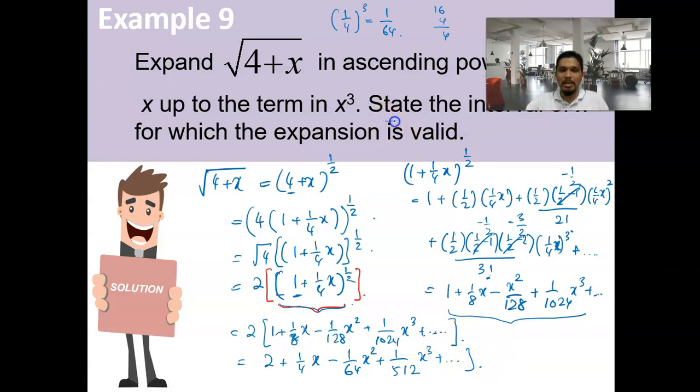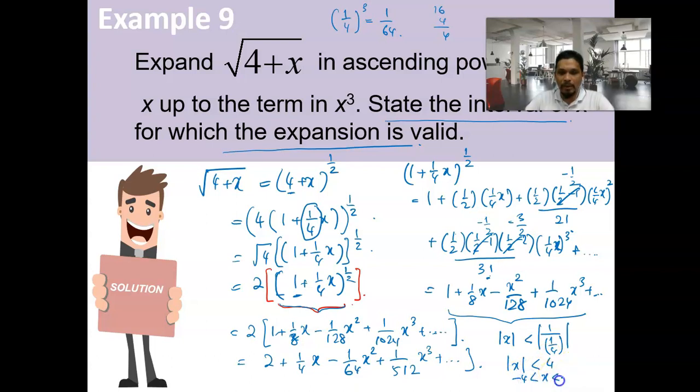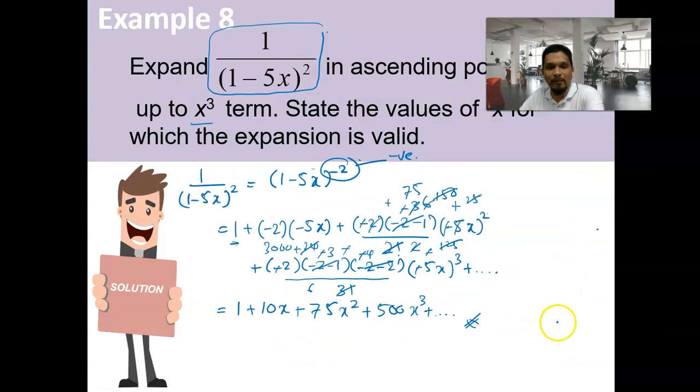And now, state the interval of x, which expansion is valid. For this one here, modulus of x less than 1 over the value of this, which is 1 over 4. Okay, so it is modulus of x less than 4 or x in between negative 4 until 4. So class, I forgot about something about example 8 just now.